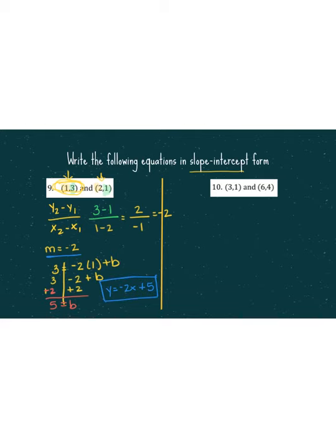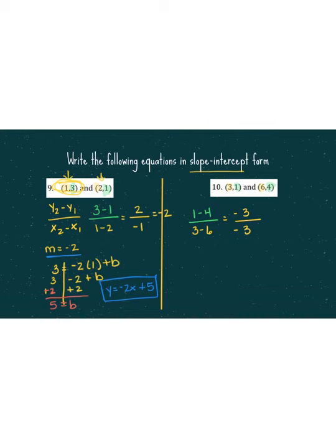We're going to do the exact same thing with number 10 on here. So remember, our y's come last, and our x's come first. So 1 minus 4 over 3 minus 6. 1 minus 4 is going to give me a -3 over 3 minus 6, also a -3.